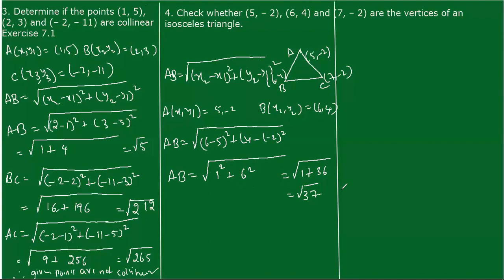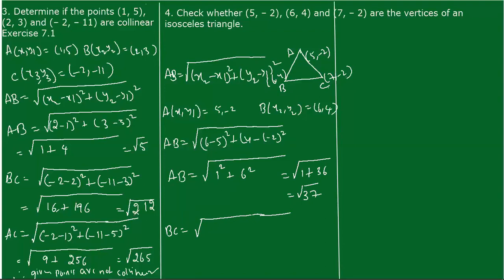Now let's find BC. Again the same formula, but the points change. The B point becomes x1, y1 and the C point becomes x2, y2.